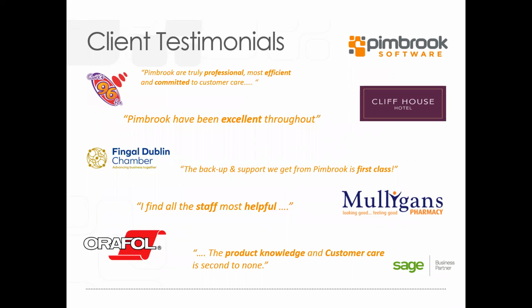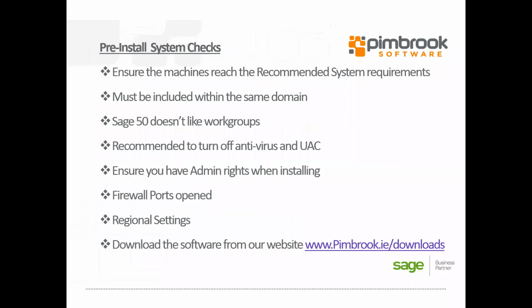So, straight into it. First of all, I'm going to go through some pre-install system checks on the software. Firstly, and I suppose most importantly, you need to make sure that your machines reach the system requirements for your software. If they don't, you will come across some issues when you're doing the install.